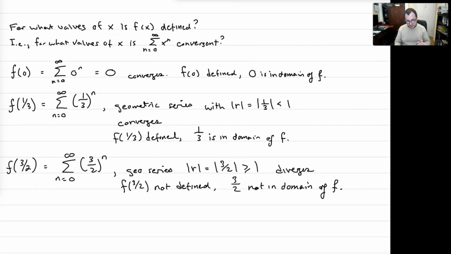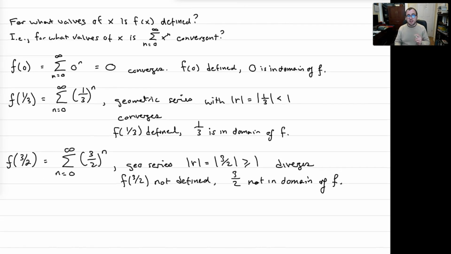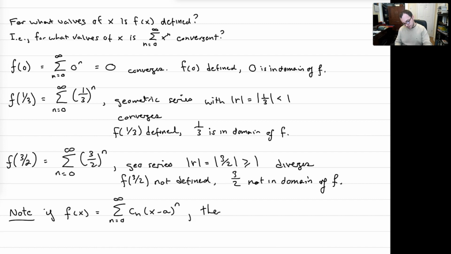Before we finish this example, I do want to make a quick note that the center is always in the domain of a power series. So if I have a function defined by a power series centered at a, then a is in the domain of f.